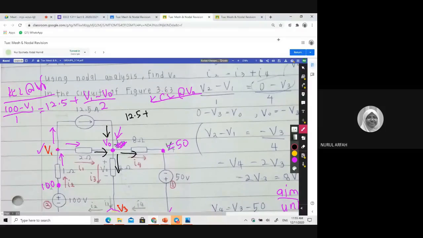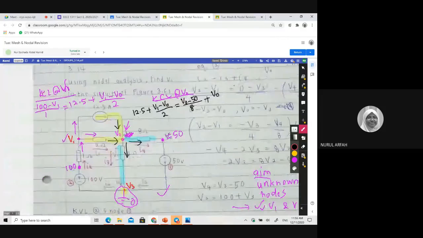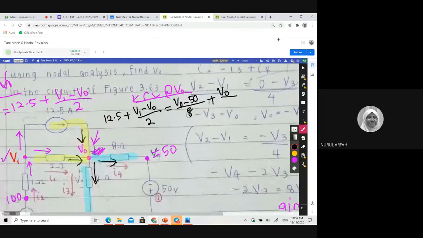So you have plus V1 minus V naught divided by 2. Coming from this side. Okay, these 2 done. And then leaving only 2, this and this. So equal to V naught minus 50 divided by 8, and then plus V naught minus 0 over 4.